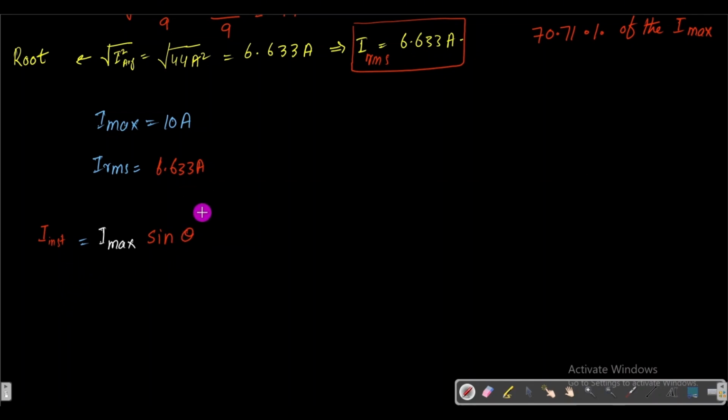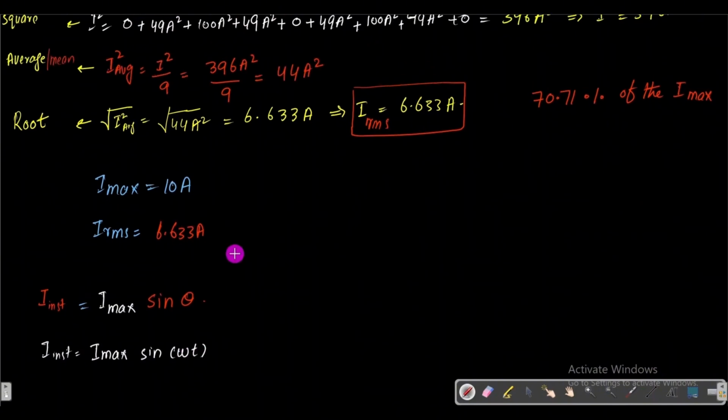Here we know that theta is equal to omega t, so we can write I instantaneous is equal to I maximum sine omega t.